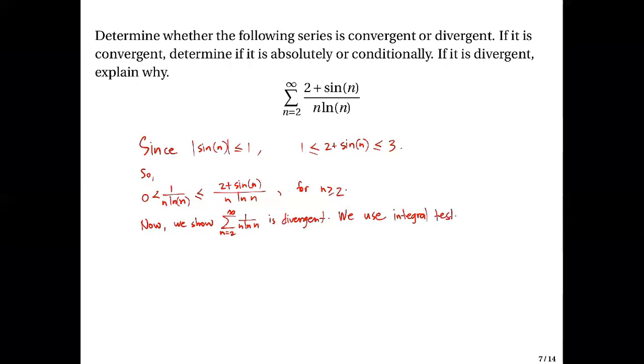So let f of x equal 1 over x ln of x for x greater than or equal to 2.